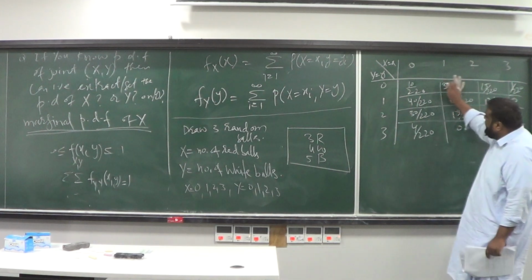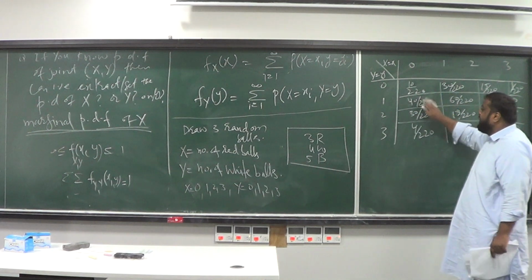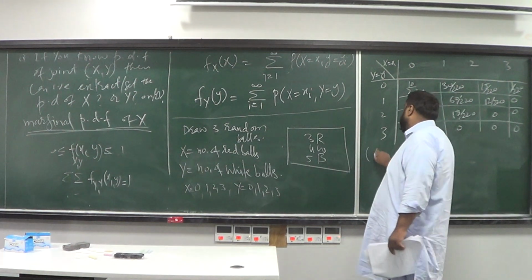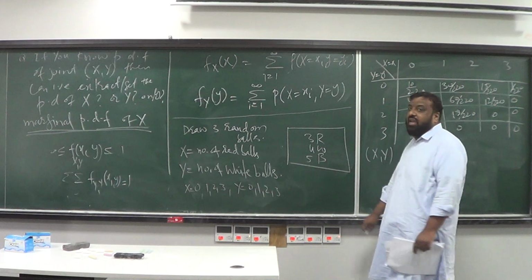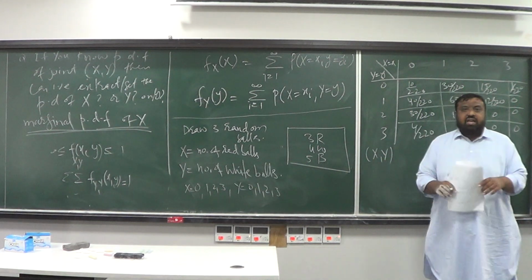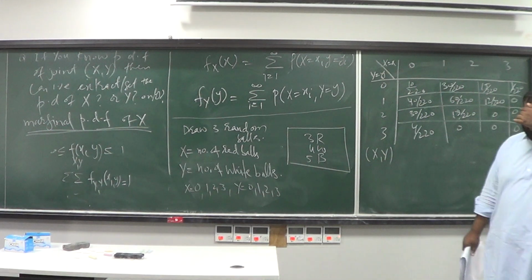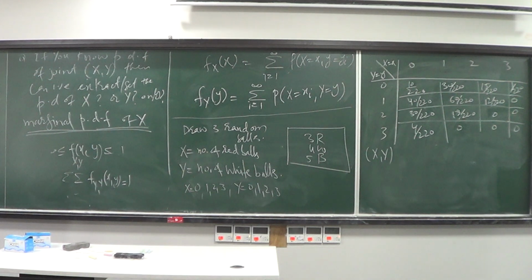So this is really the probability distribution for the joint of X and Y, or for the random vector X and Y, where the first component is random variable X and the second is random variable Y.